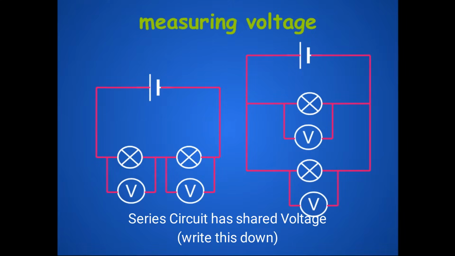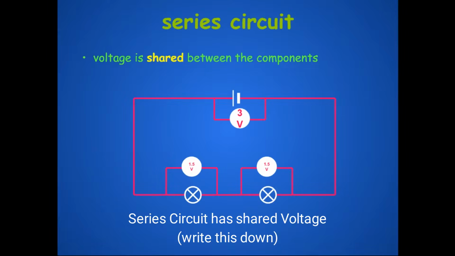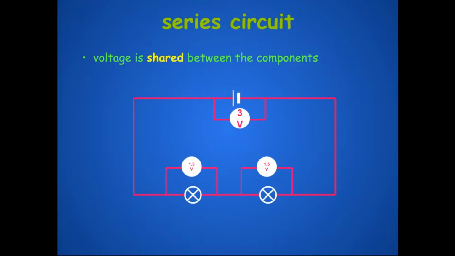For example, if we're looking at a series circuit, the voltage is shared between the components. So you can see here on our 3-volt circuit, when we measure our voltage across our loads, or those X symbols, you'll see that they're going to be 1.5 volts.